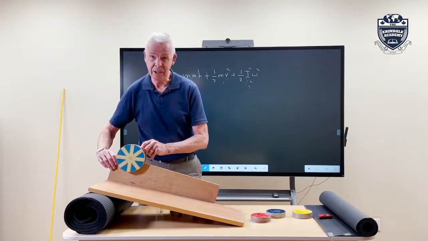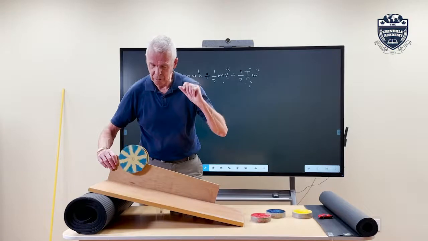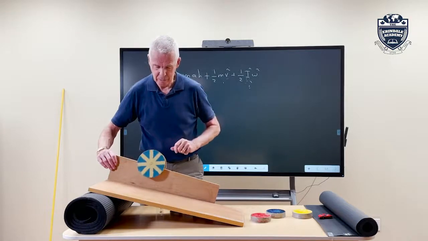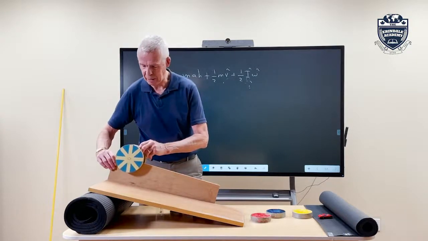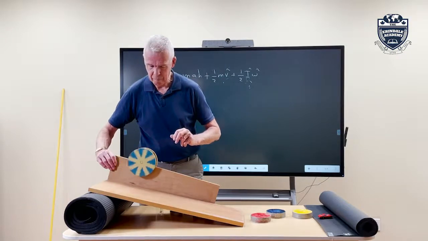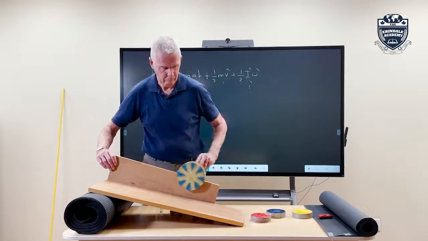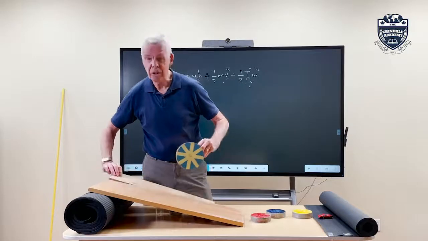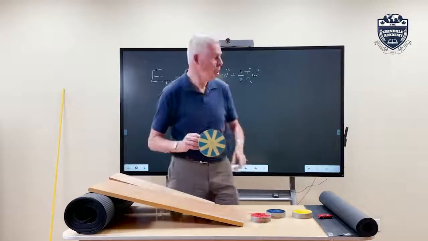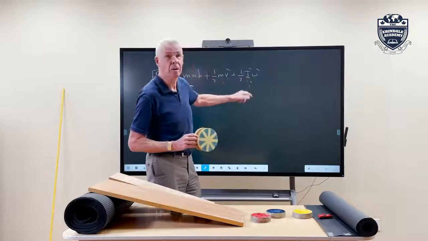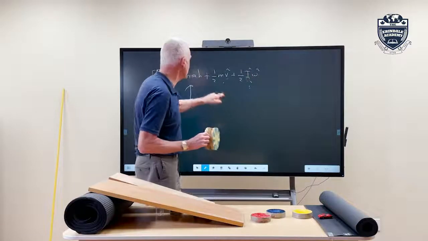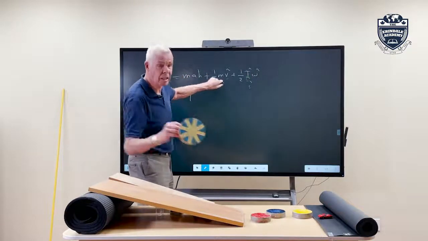Now it's blinding speed, so watch out. Oh, there it goes. I'm going to balance it a little bit better. And you see it just creeps down the hill because almost all of its energy goes into rotation. Very little is left over for translation.